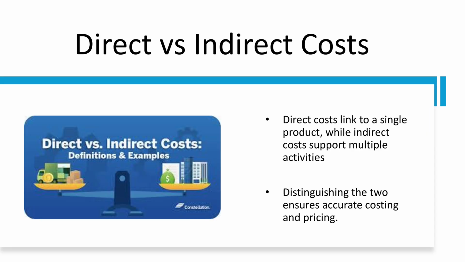Now we are taking a look at direct versus indirect costs. Direct costs connect clearly to a specific production or job, such as direct materials or direct labor. Indirect costs support multiple products or departments at once and require allocation. Examples of indirect costs include 1. Factory security, 2.